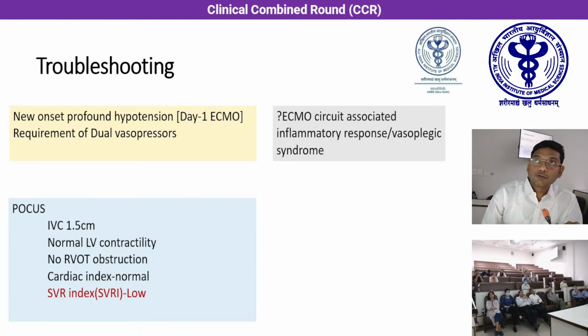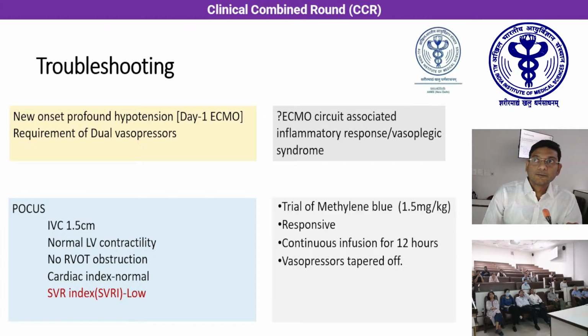It is usually attributed to an ECMO circuit associated inflammatory response or vasoplegic syndrome. When the blood comes in contact with the artificial circuits, there tends to be a release of inflammatory mediators in the initial few hours. So for that distributive shock component, we gave a trial of methylene blue. The patient was found to be responsive, and we continued methylene blue infusion for 12 hours. The vasopressors were subsequently tapered off in the next 24 hours.